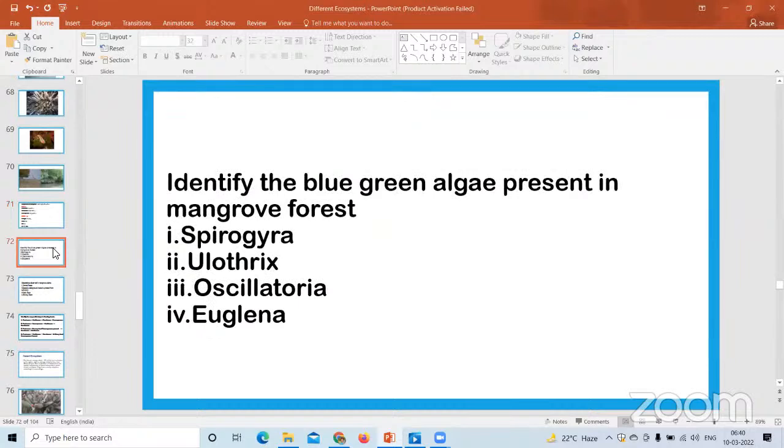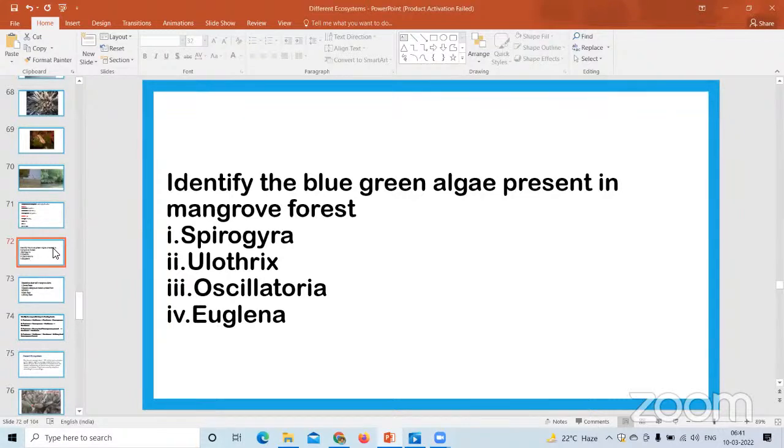Here, identify the blue-green algae present in mangrove forest. In the previous class, I told you. This is one kind of question asked in the previous examination. Identify the blue-green algae present in mangrove forest. Multiple answer question.